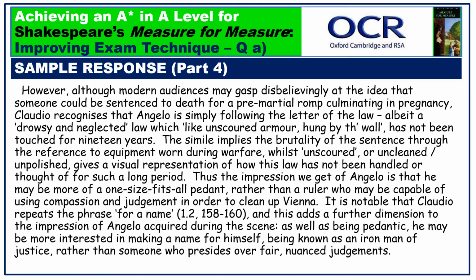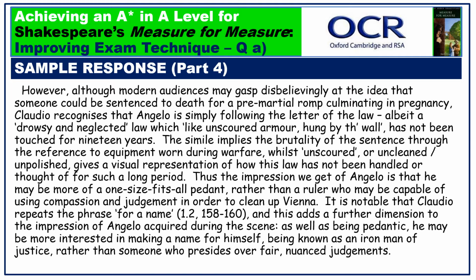However, although modern audiences may gasp disbelievingly at the idea that someone could be sentenced to death for a premarital romp culminating in pregnancy, Claudio recognises that Angelo is simply following the letter of the law, albeit a drowsy and neglected law which, like unscoured armour hung by the wall, has not been touched for 19 years.